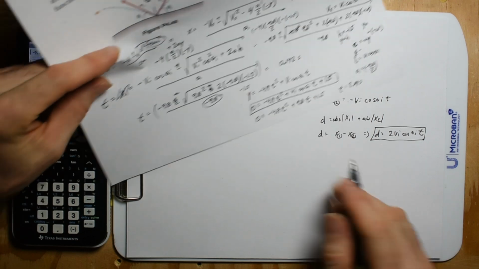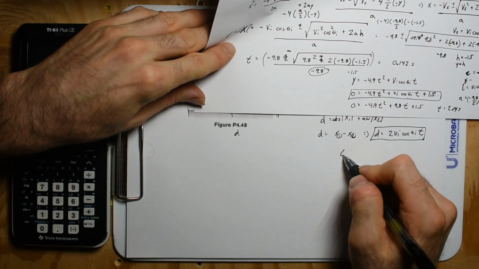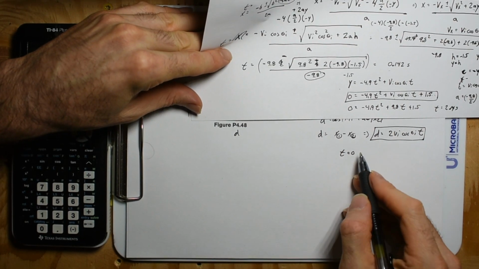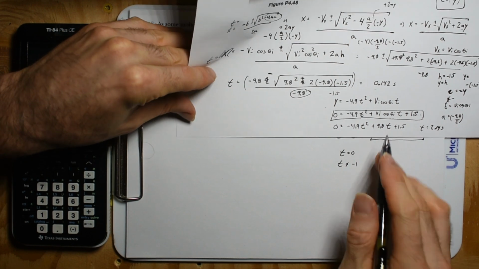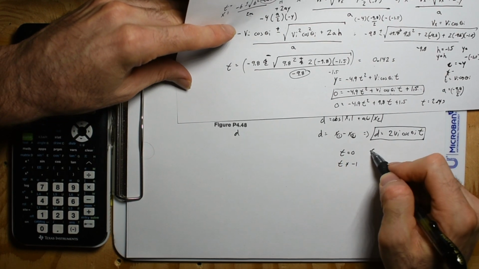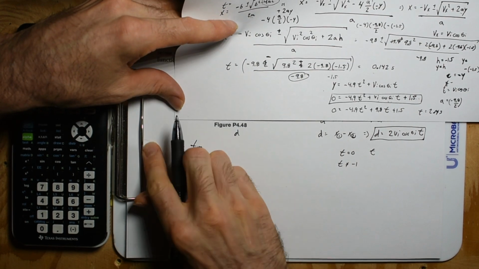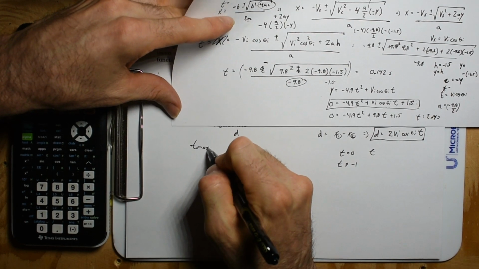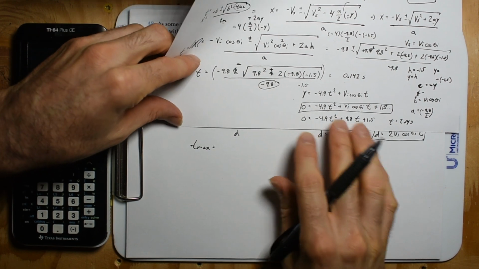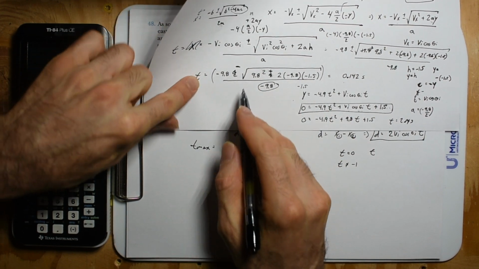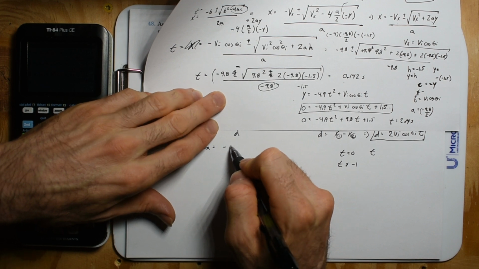We know time can be 0, time cannot be negative, and time has a max. So t max is equal to this quadratic equation. Now we can simplify this.